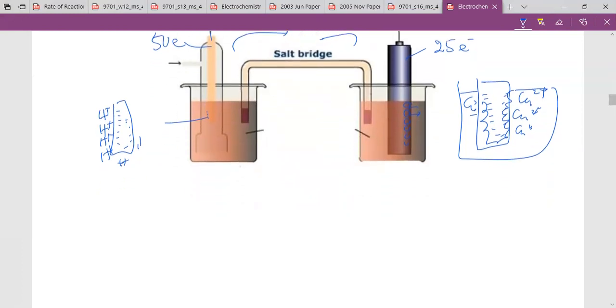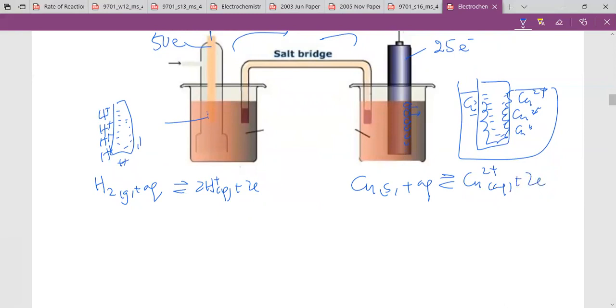So remember, I've got my earlier equation here: H2 gas, reversible, gives you 2H+ plus 2 electrons. Here, of course, copper solid, reversible, Cu2+ aqueous.